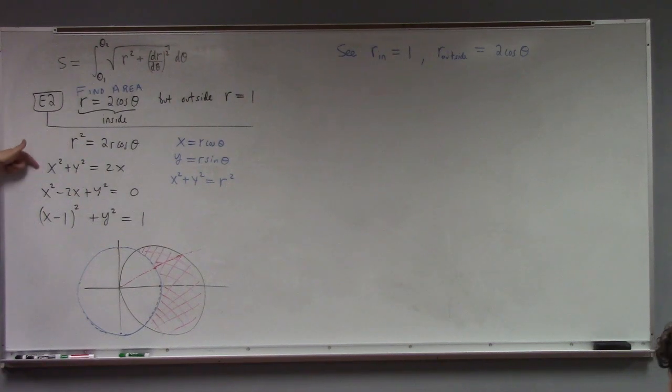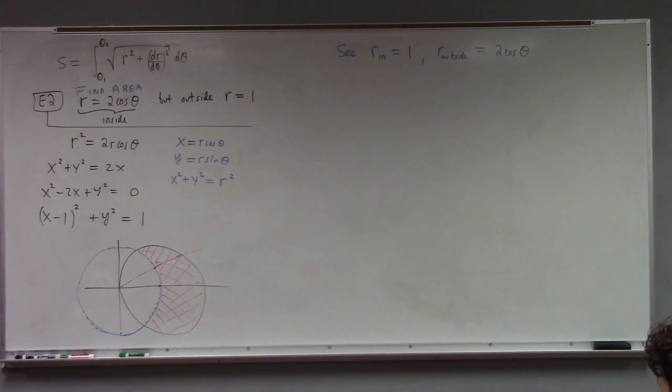You could also use the graphing technique that we talked about the other day if you didn't see this algebraic route. After you do about 3 or 4 of these, you start to see them coming. All right, great.